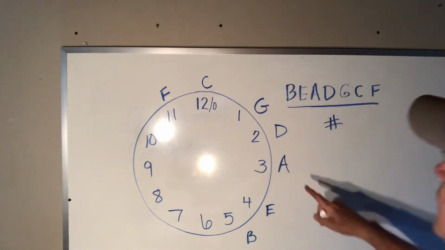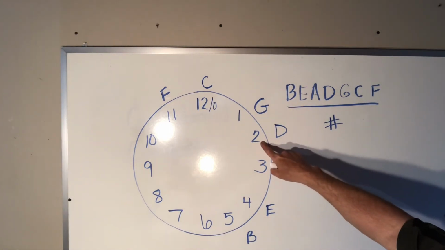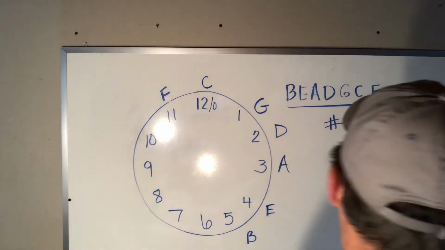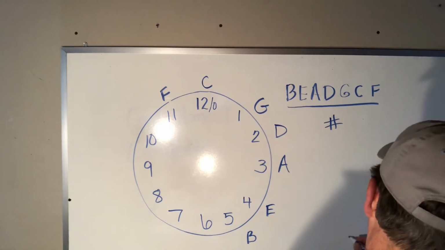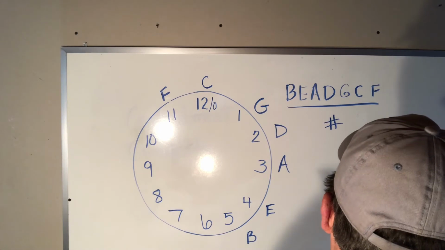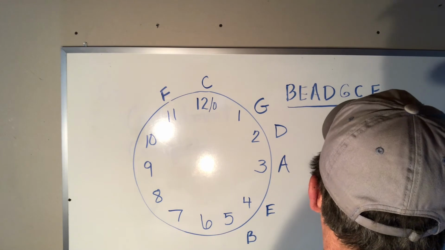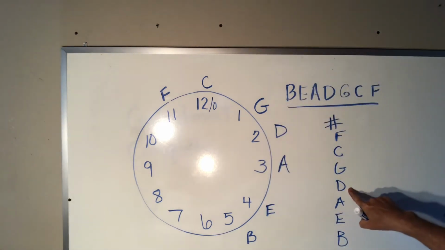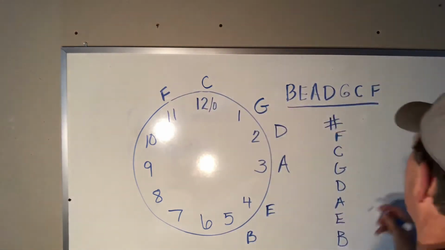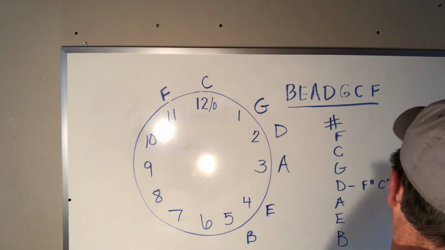For example, the key of D has 2 sharps, and those 2 sharps would be F and C. So go over here: C, E, A, D, G, C, and F. So the key of D has 2 sharps, and those are F and C. So the key of D has an F sharp and a C sharp.